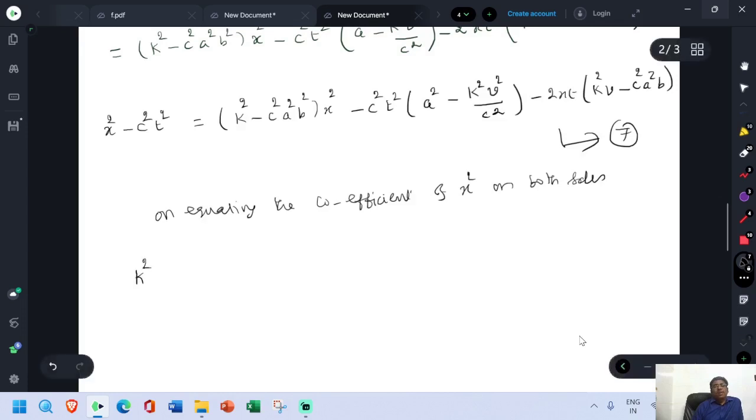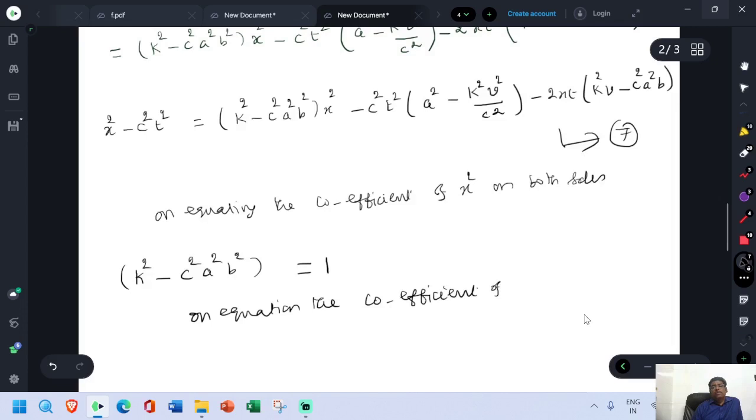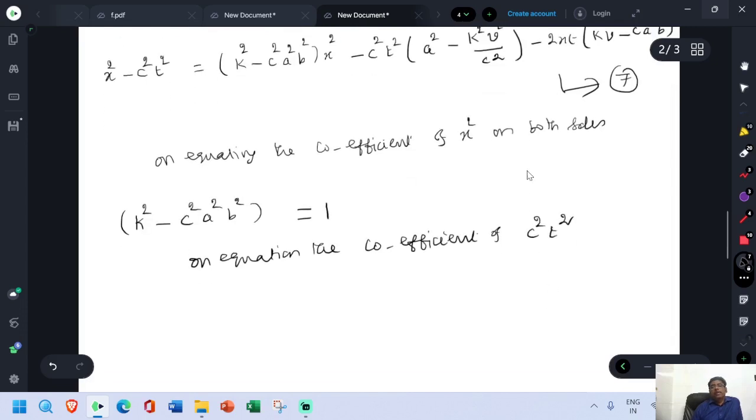K square minus c square a square b square equal to 1. Then on equating the quotient of c square t square, see here, c square t square, 1 into c square t square.